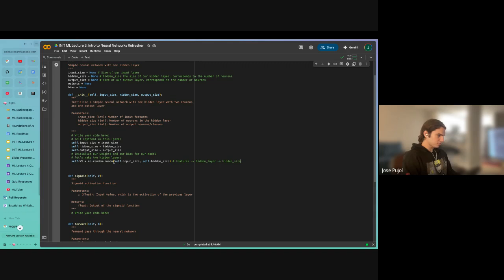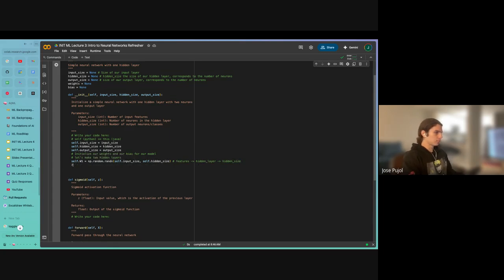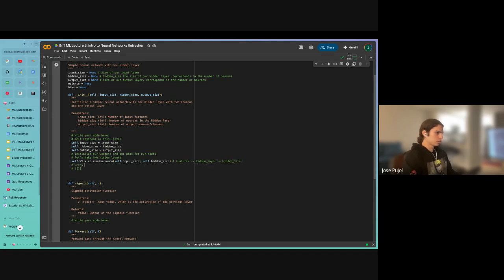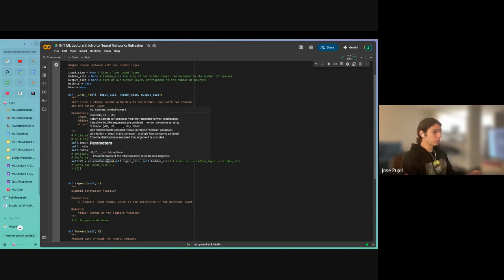That's one way to look at this. Essentially, the weights will have the form of, let's say input size is 2 to make it simple. So this np.random is just making a matrix for me essentially.